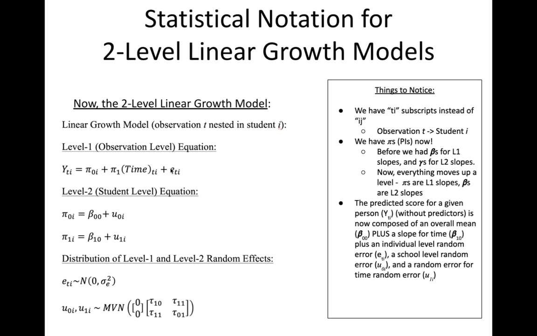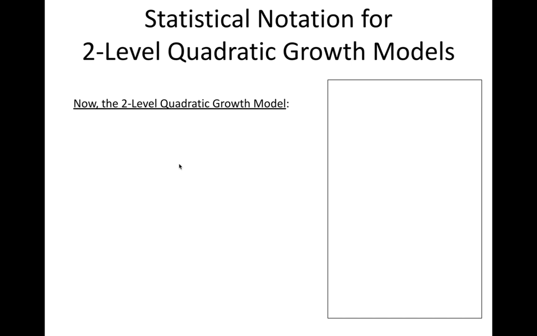And then, of course, we have a random effect at level 1 to explain variability at the observation level. At level 2, we have a person-specific random term for the intercept and a person-specific random variability for the slope, so each student can have their own intercept and their own slope. So that is the standard approach for a growth model.